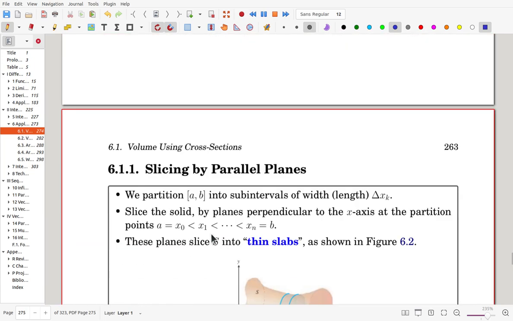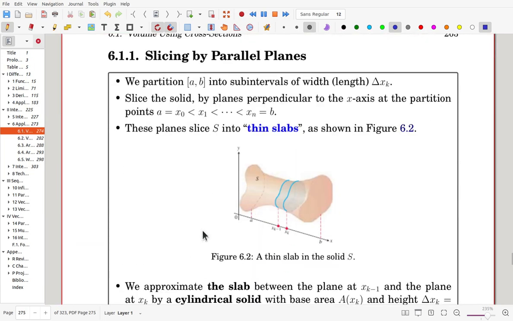Okay, let's derive the method here. The first step is partitioning of the interval. We'll use the technique of Riemann sums. By taking the limit of Riemann sums, we try to get the volume. So start with a partition.